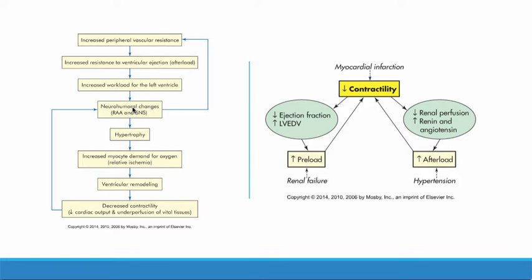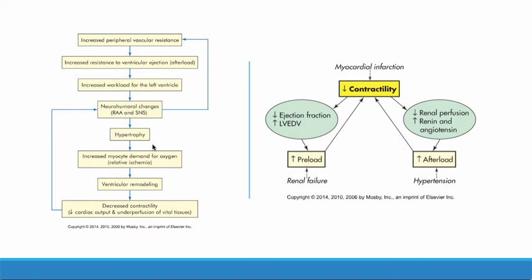And what that does is further increase vascular resistance, right? Because it's making you hold on to sodium and water and so on. Then there's hypertrophy that results from that and the increased myocyte demand for oxygen.